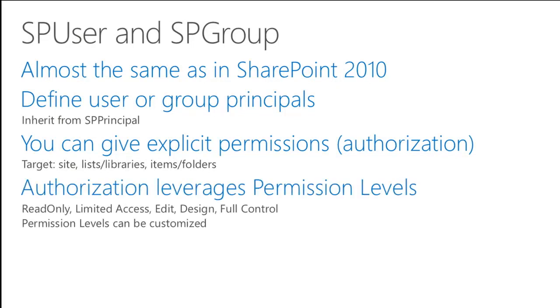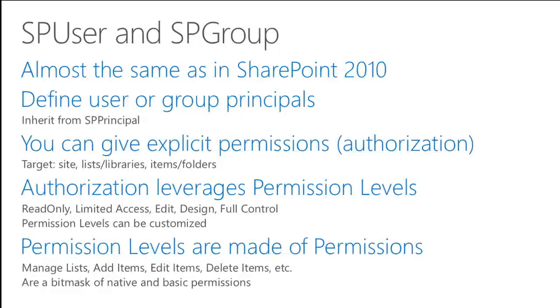Those permissions rely on permission levels, where you have a set of out-of-the-box available permission levels, and you can also create custom permission levels of your own. A permission level is made of a set of permissions, which is a bit mask of permissions based on a fixed and quite long list of permissions you can apply to a specific permission level.